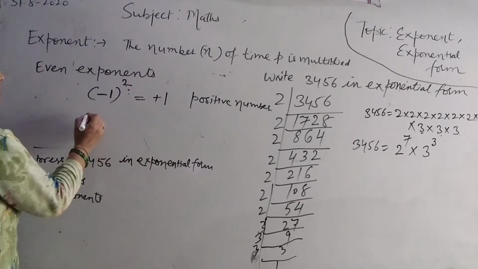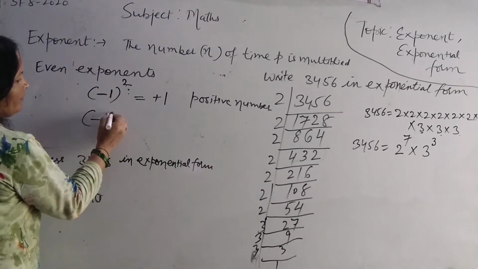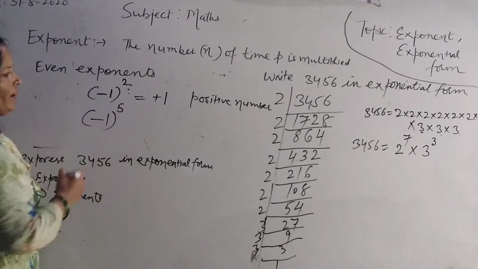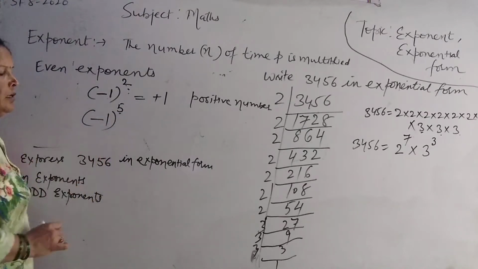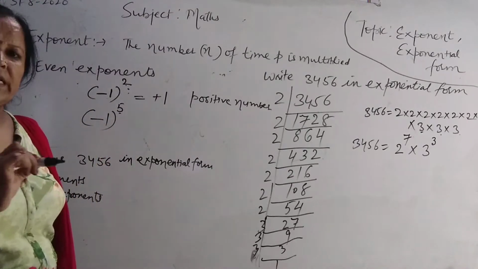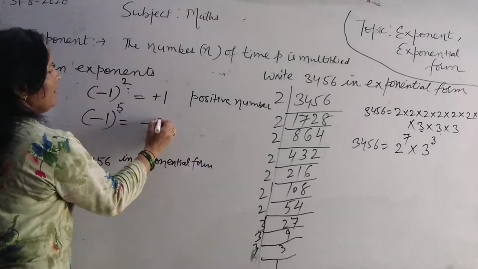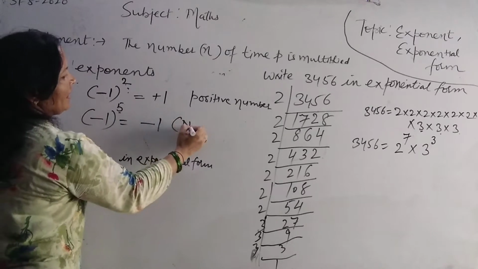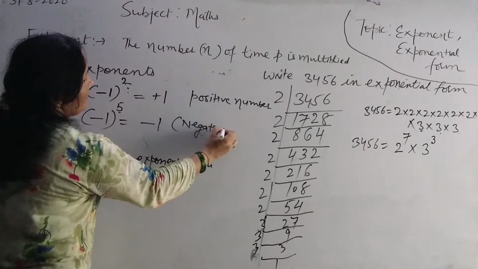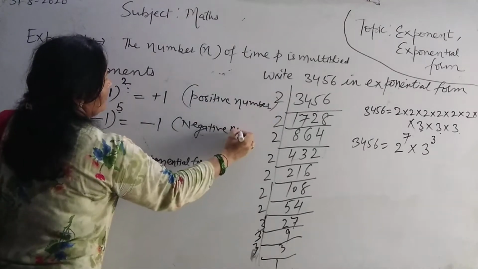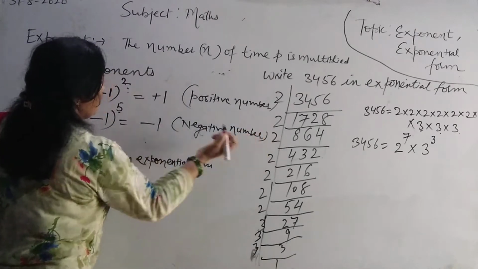If the same number has power 5, which is an odd number, and the base is negative, the answer will be a negative number.